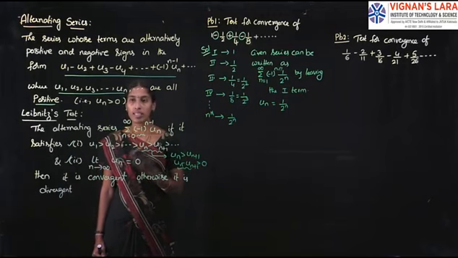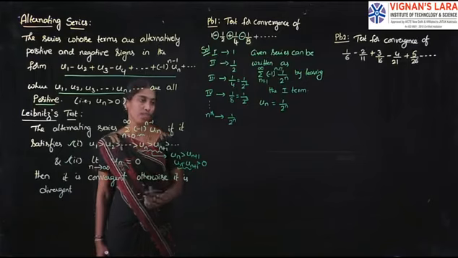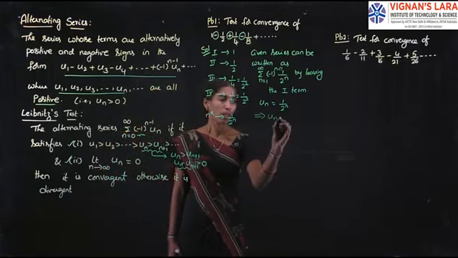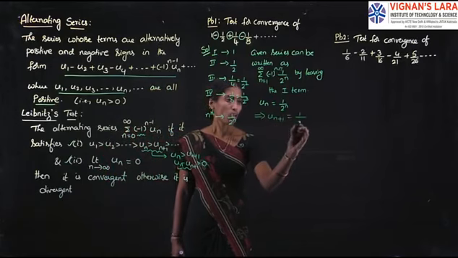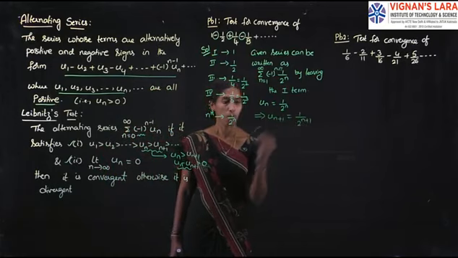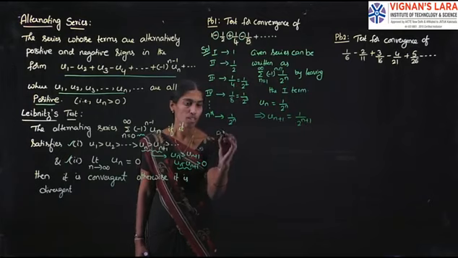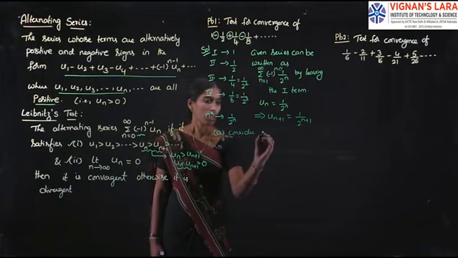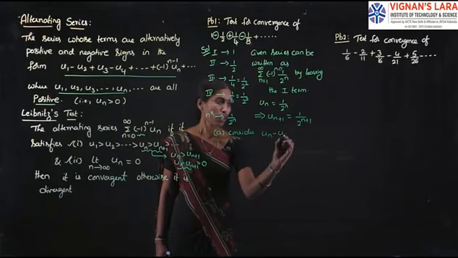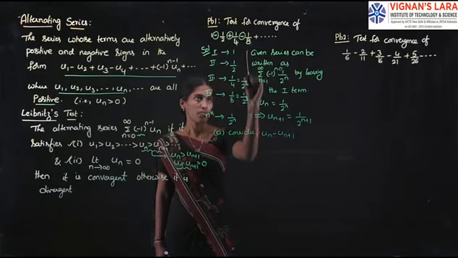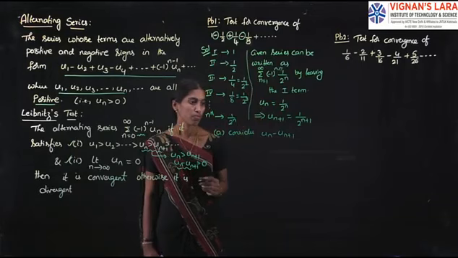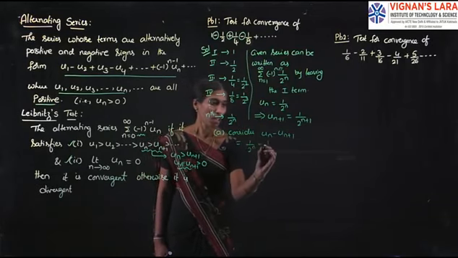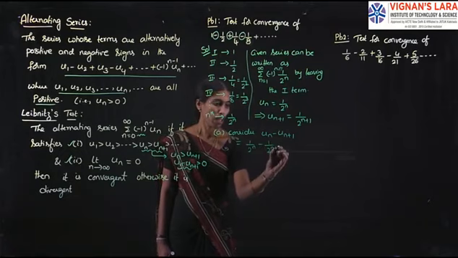If it is less than 0, the first condition fails. Un plus 1 is 1 by 2 to the power n plus 1. So for the first condition, consider Un minus Un plus 1, which is equal to 1 by 2 power n minus 1 by 2 power n plus 1.